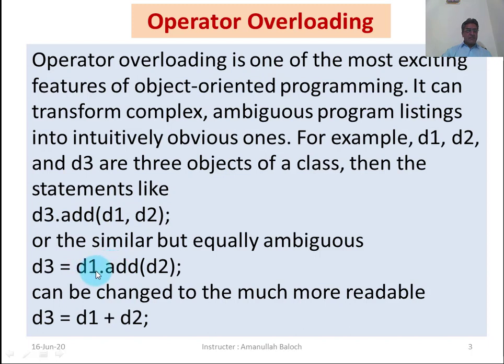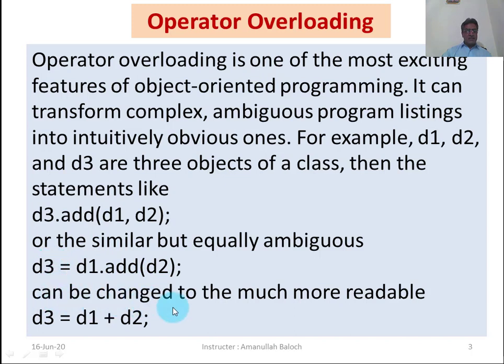In this statement, D1 is calling the add function and passing the value of the D2 object, and when the result returns, it will be assigned to D3. This is also a complex statement of adding two objects and assigning the result to a third object.